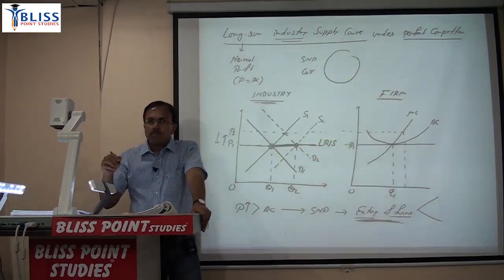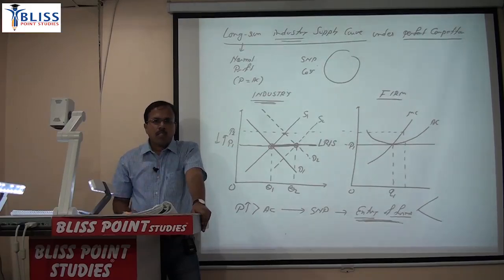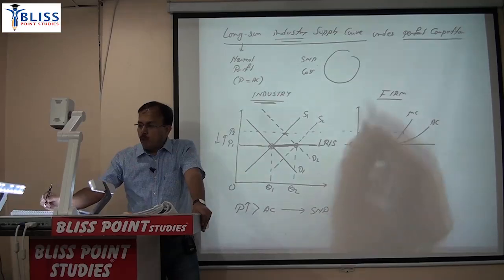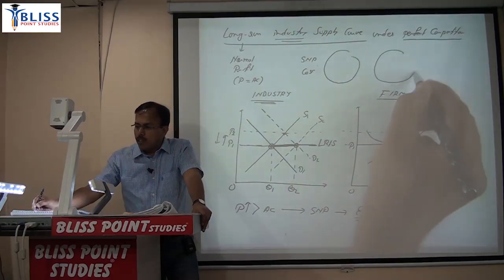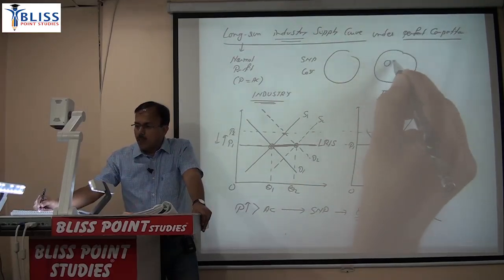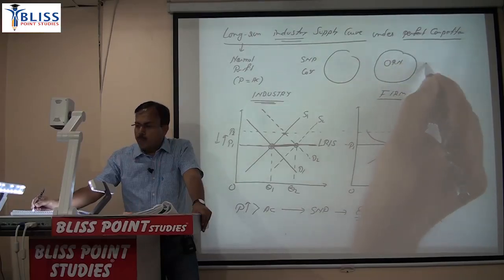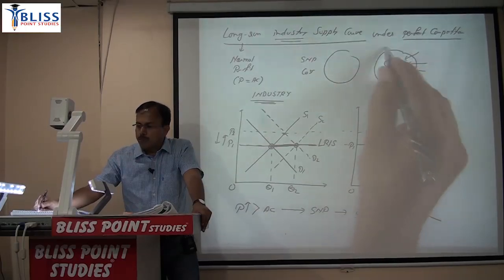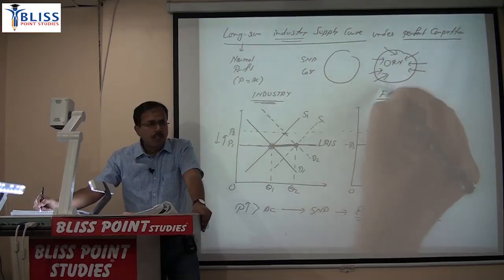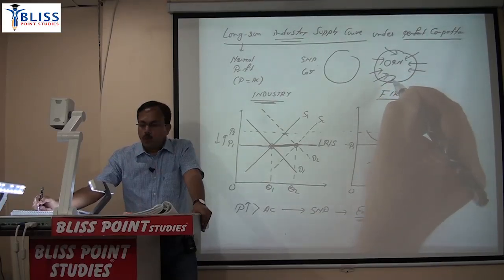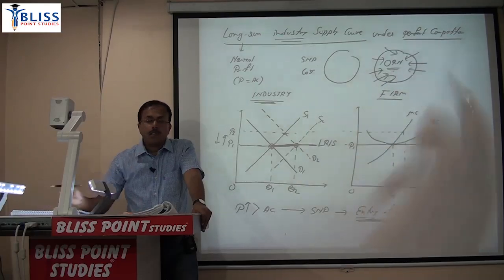Take this industry, the coaching class industry. Is it constant cost, increasing cost, or decreasing cost? This is also an industry. Suppose all classes are located in the old area. As more and more institutes are there, the market expands, but to provide the service they will require land first.